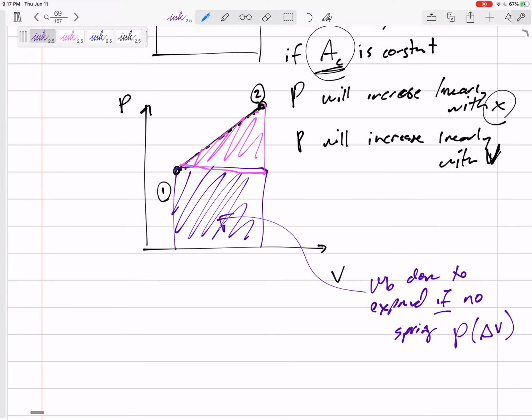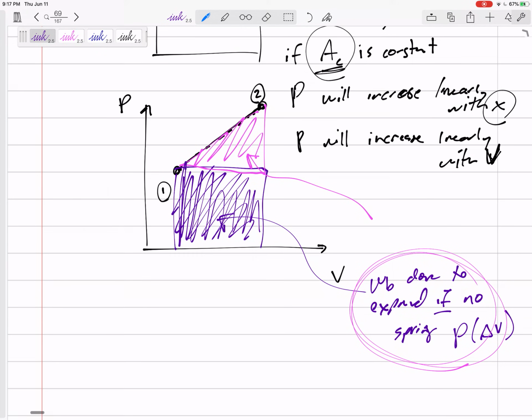Now that there's a spring, we still have this area under the curve right here. We still have the P delta V, but now we also have the boundary work due to the spring compressing.